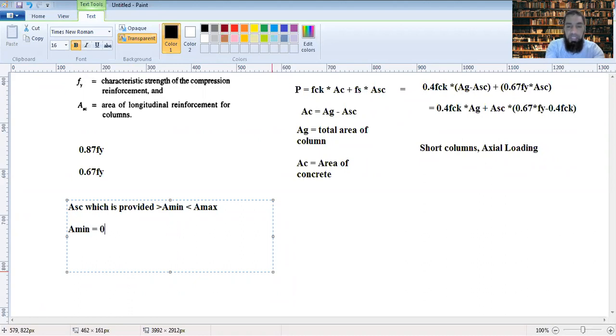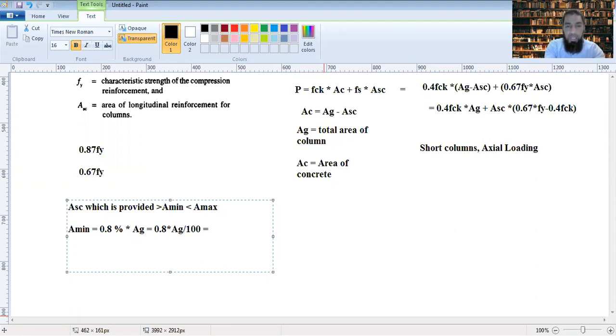A minimum is 0.8 times the cross sectional area, which is AG. This is not 0.8 times, it's 0.8%. So this is 0.8% of AG, which is 0.8 divided by 100 into AG.